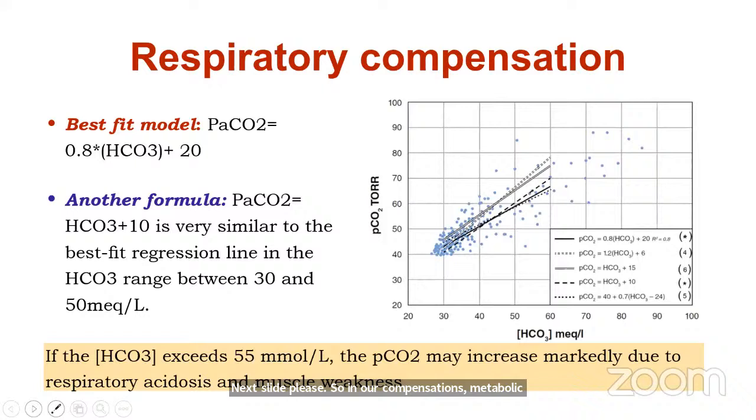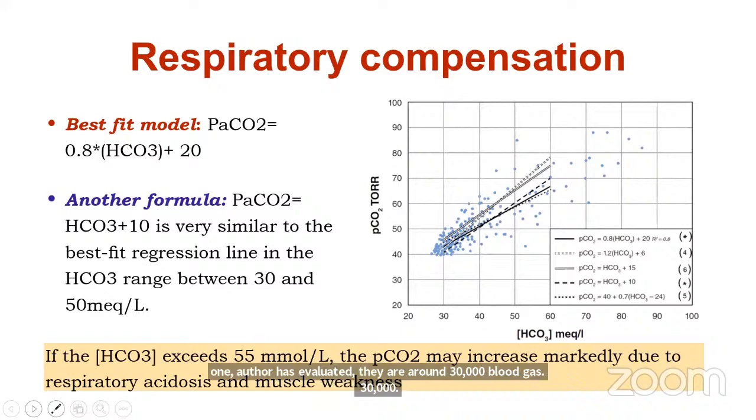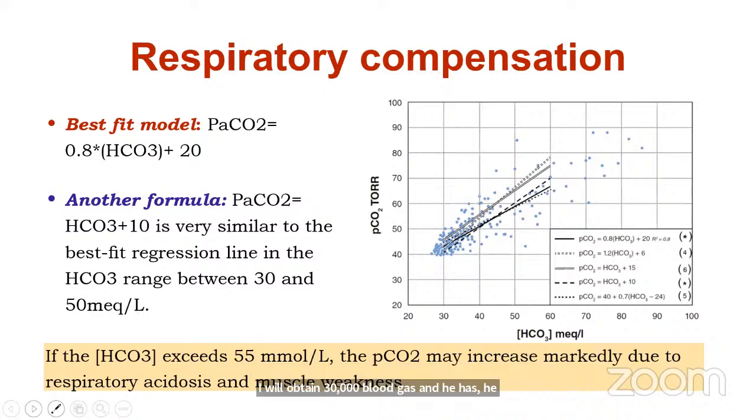Next slide, please. In metabolic alkalosis, there will be compensation with respiration. There are many formulas we are aware of for metabolic alkalosis compensation, like expected PCO2. The most commonly used formula is 40 plus 0.7 times (bicarbonate minus 24). But one author evaluated around 30,000 blood gases, and he evaluated all the formulas mentioned in this graph.